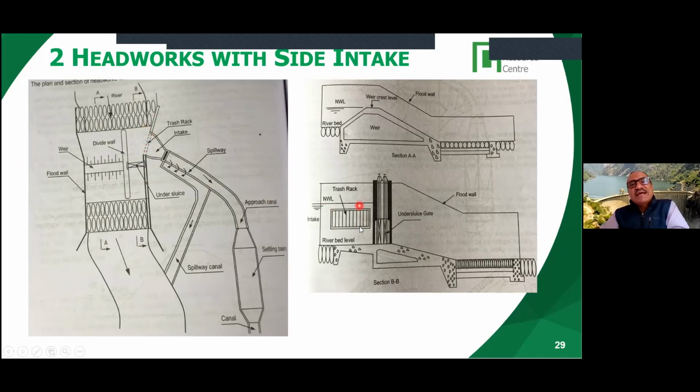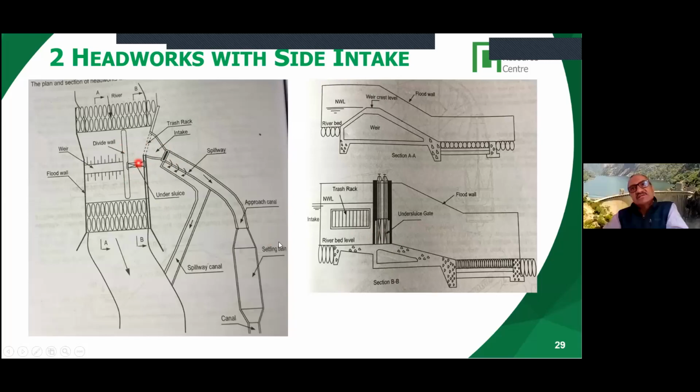The trash rack is basically steel or other material with small holes at some spacing. This trash rack will keep logs and large sediments, boulders, everything, from entering the intake. So this is the trash rack you see here.